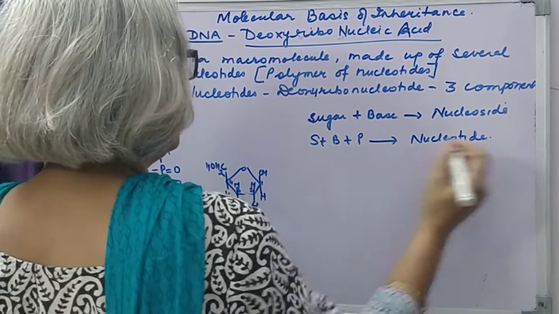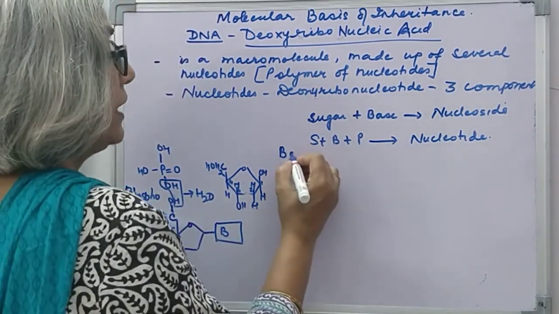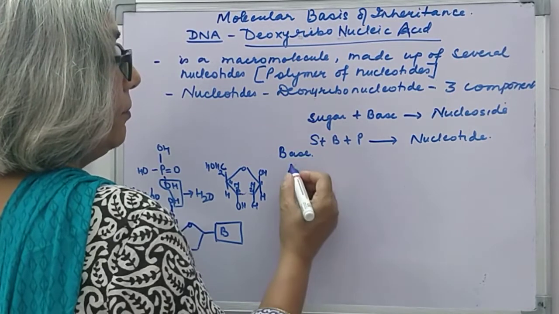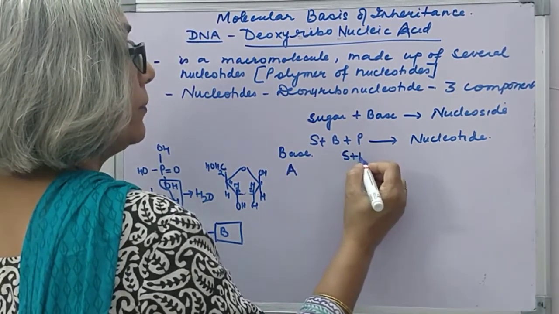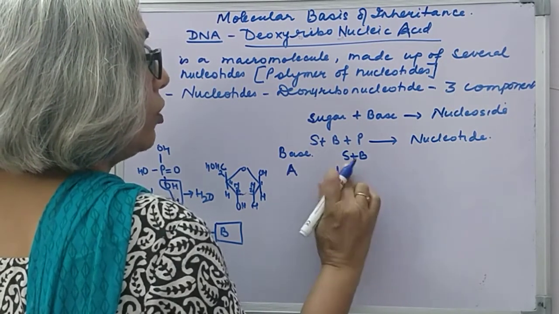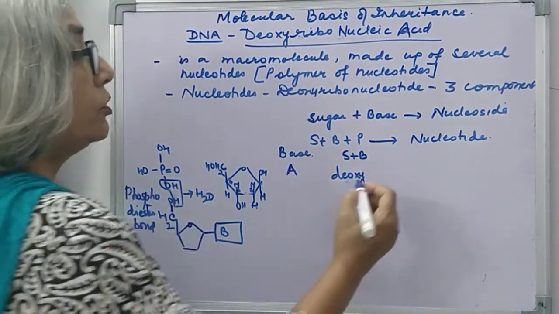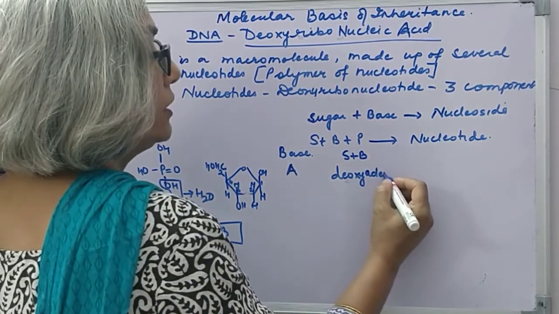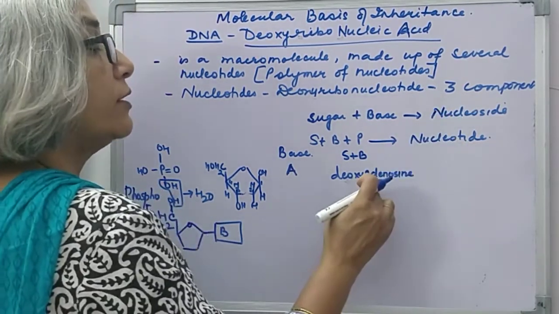So if we take into consideration the base adenine, when it combines with sugar, adenosine, or we can say deoxyadenosine because the sugar is deoxyribose, is formed. This is the name of the nucleoside.